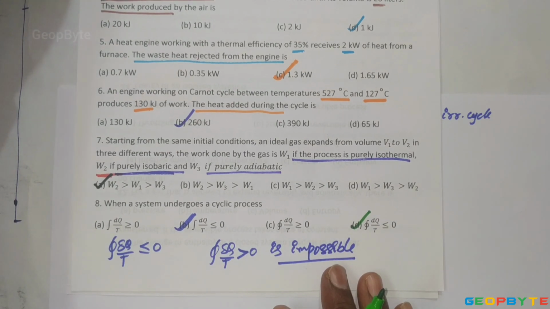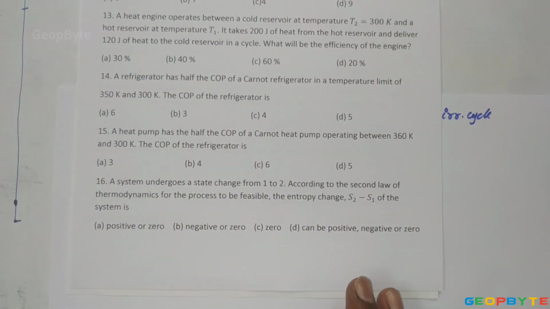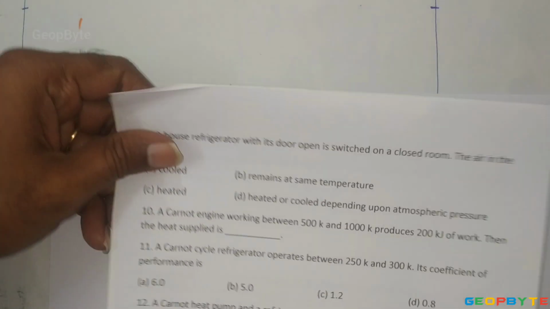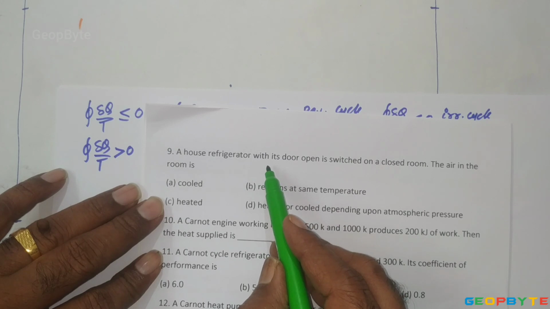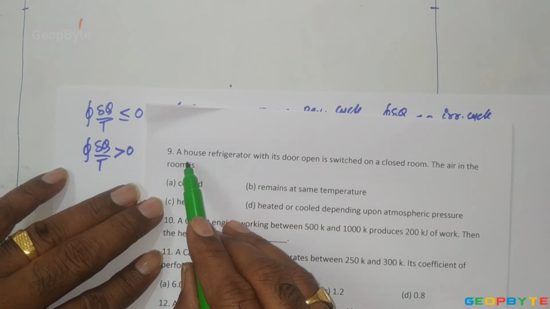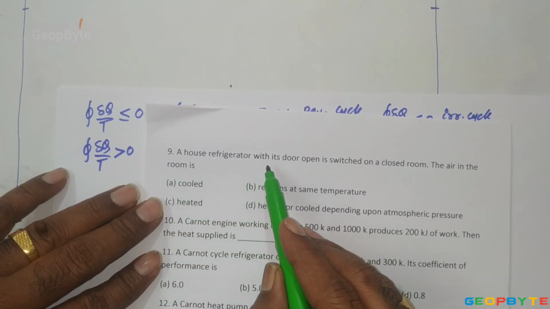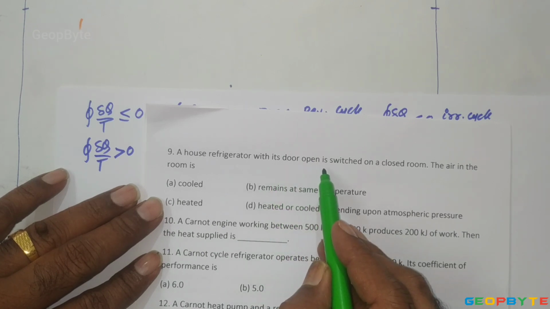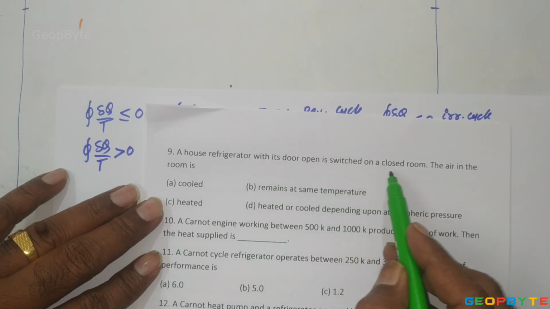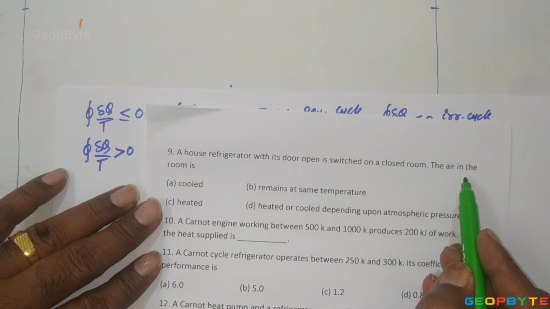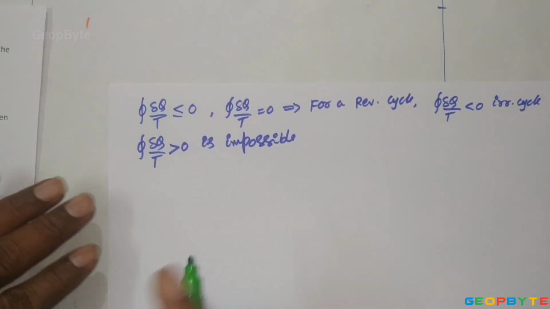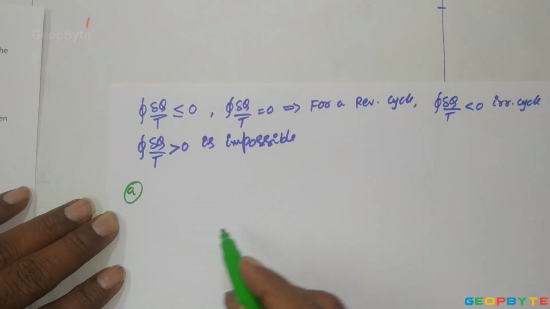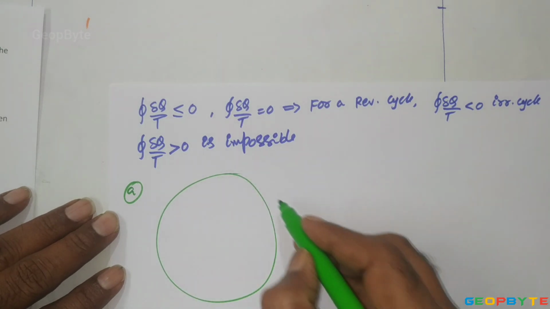Next problem is the 9th problem. A house refrigerator, means domestic refrigerator, with its door opened and switched on in a closed room. Then the air in the room is... This is problem number 9. Let this be our closed room.